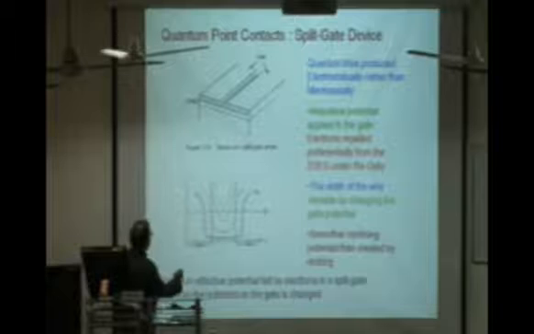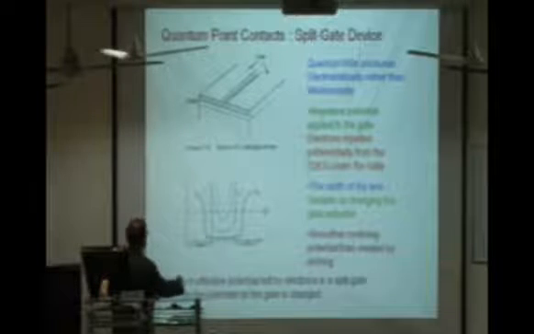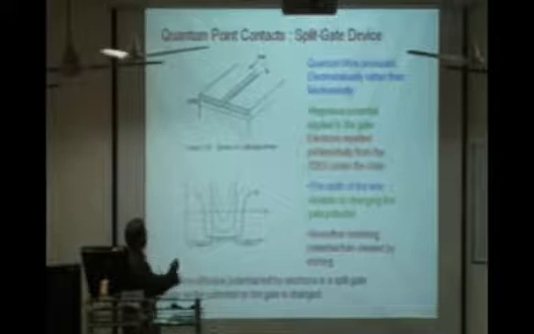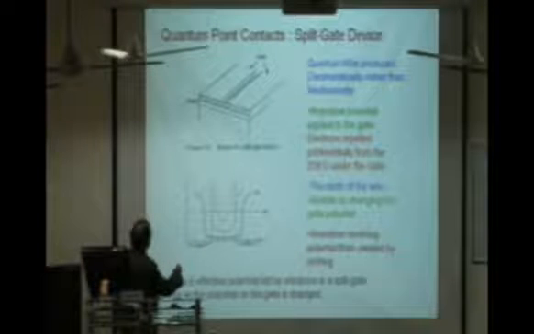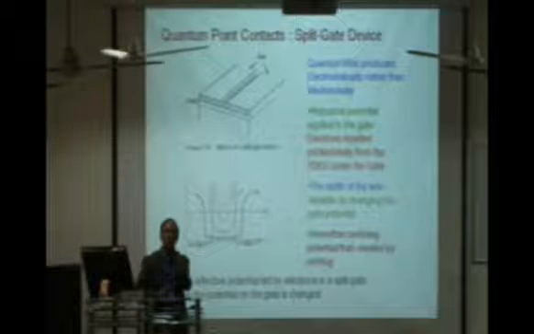So when the gate voltage is very, very low, the depletion width is very small. But as we increase the gate voltage, the depletion extends into the region where there is no gate, and ultimately, just before the overlapping, they give a very narrow region which behaves like a quantum wire.